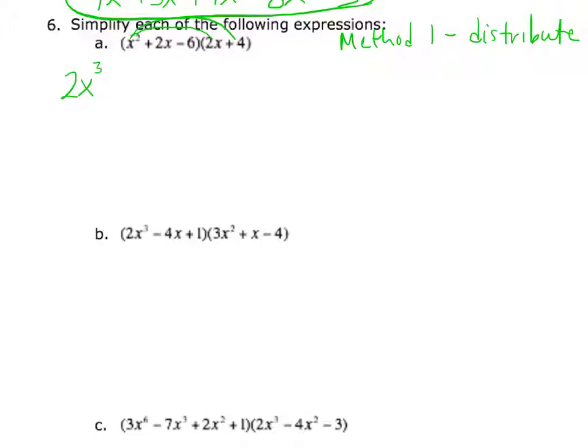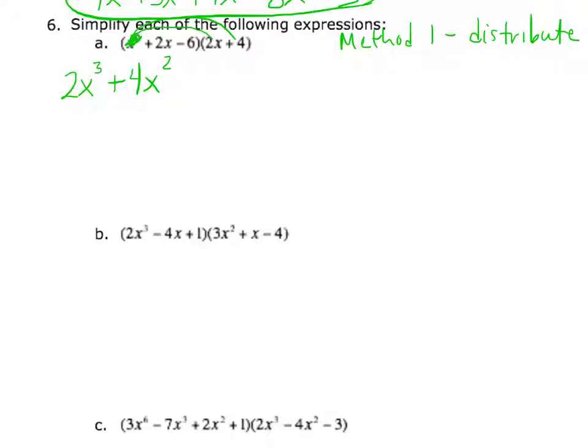Exponent rules apply here. So x squared times x gives you this x to the 3rd. That's important. X squared times 4 is 4x squared.